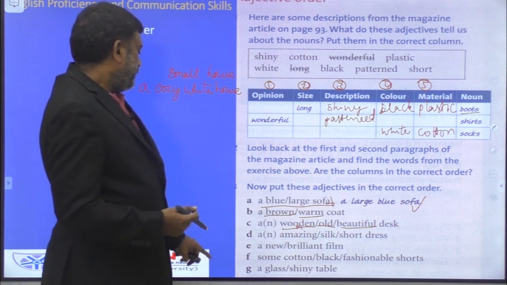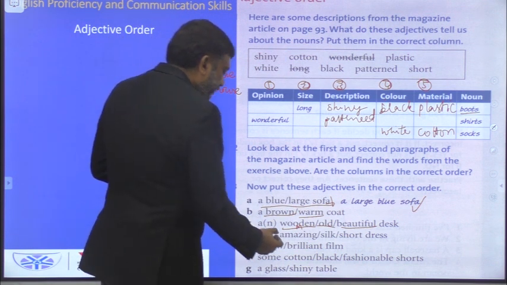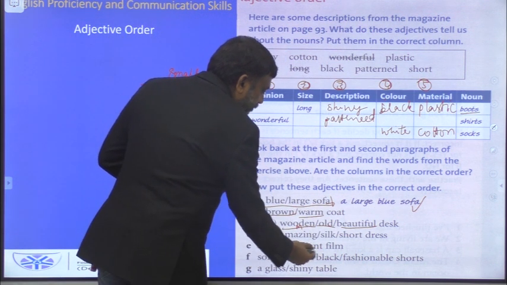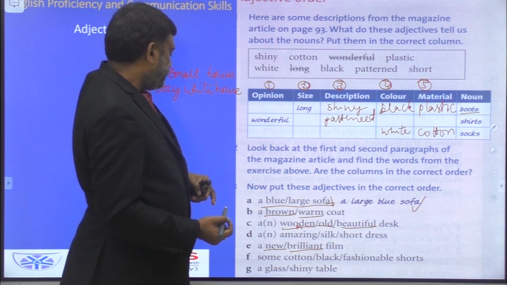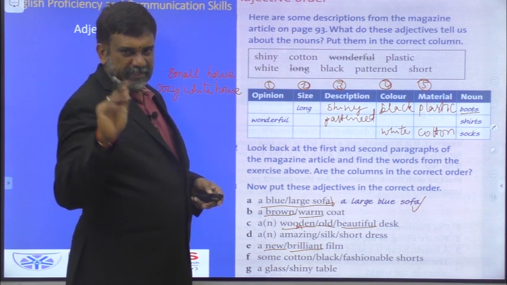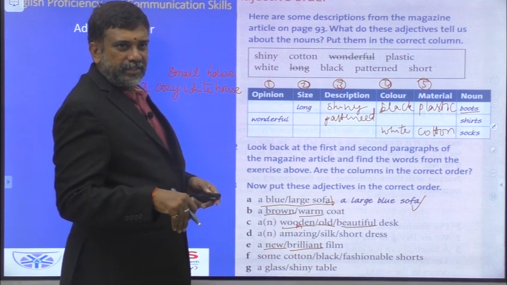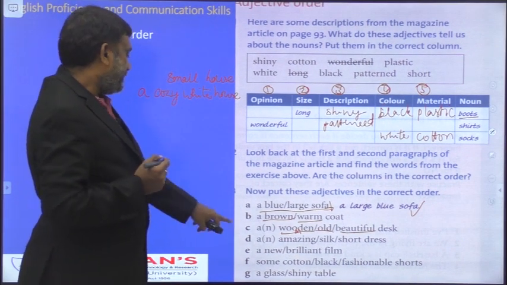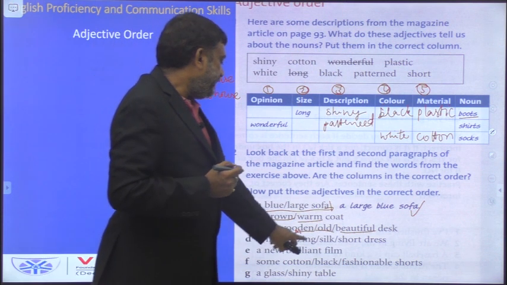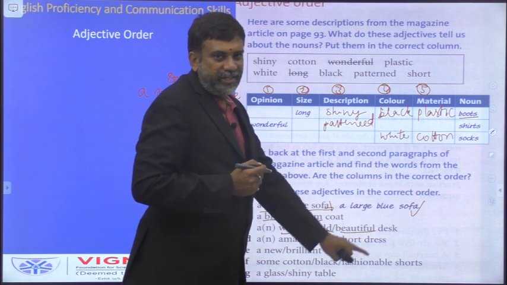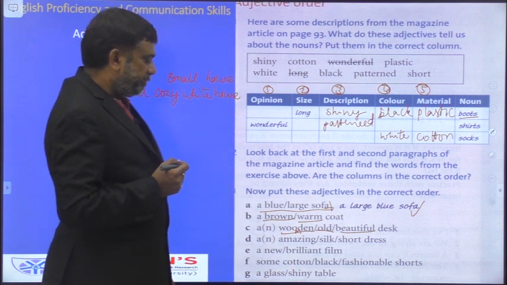Next one. A new brilliant film. New brilliant. So what is the use of this? Okay, the next phrase here. An amazing silk short dress. It is not the right usage. What should that be?